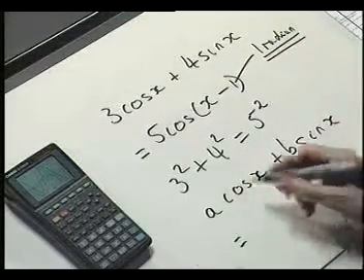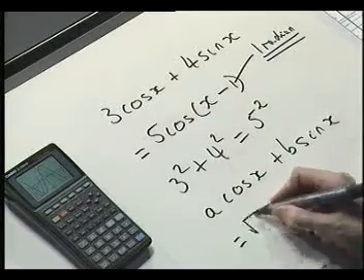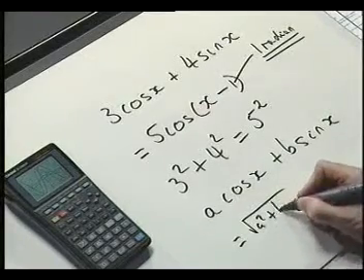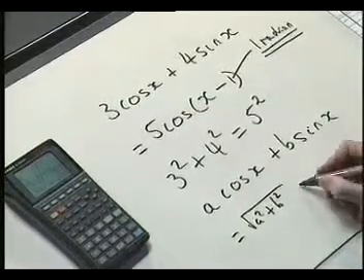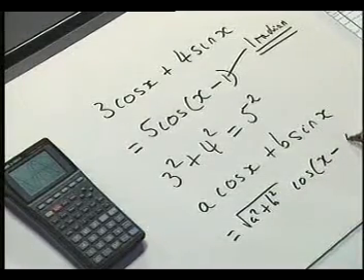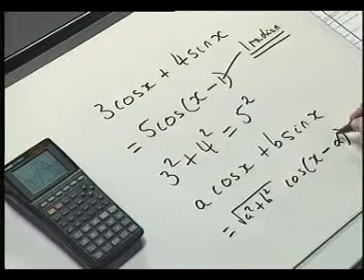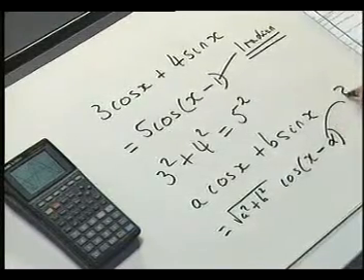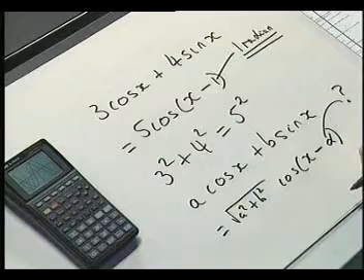And if we did it, would the number that went in front be the square root of a squared plus b squared, times cos of x minus something, let's call it alpha, and then what is alpha?